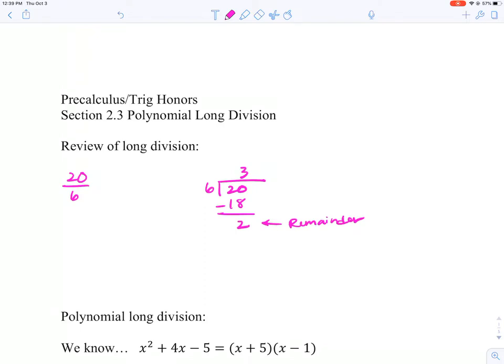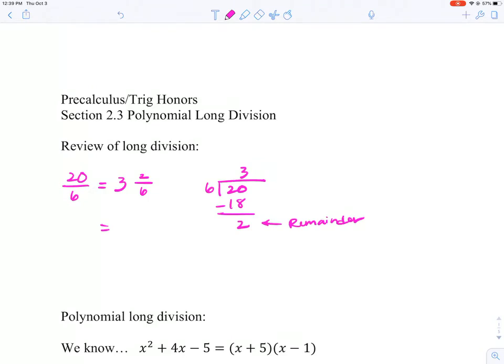Okay, so that means that another way that we can write 20 over 6 is as a mixed number, right? So that would be 3, and then we put our remainder of 2 over 6. That's the same thing as 3 plus 2/6, but for mixed numbers, we don't write the plus.